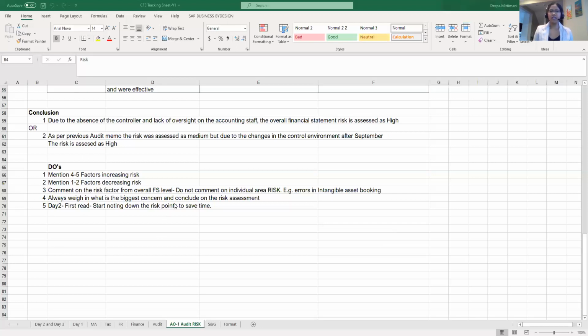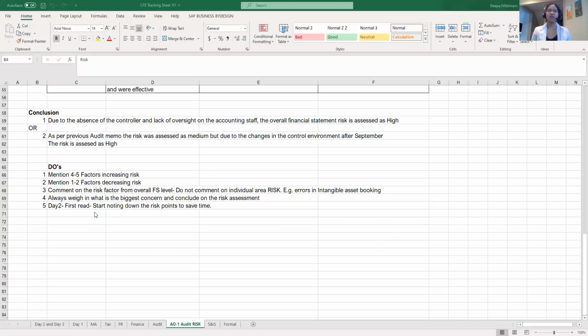Then always weigh in on what is the biggest concern, like I told you for the conclusion. What is the biggest concern of all, and then conclude on the risk assessment and link it to the previous audit memo. Then for day two, what I used to do is, when going through my first reading, whenever I identified the risk factors, I immediately started writing the risk AO. So within that first hour of reading, by the time I finished reading, I had already completed 70 to 80% of this AO.